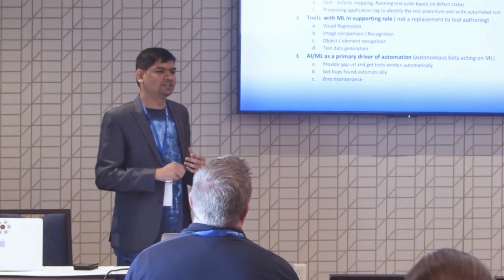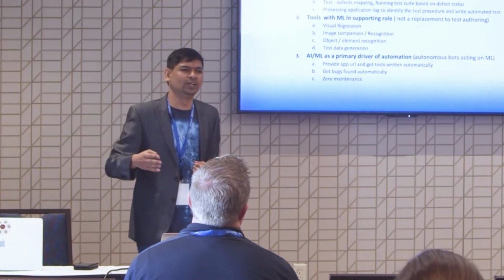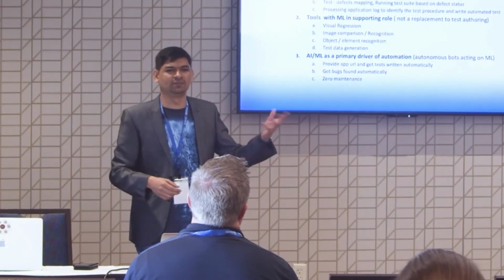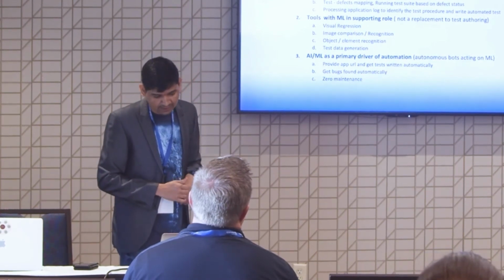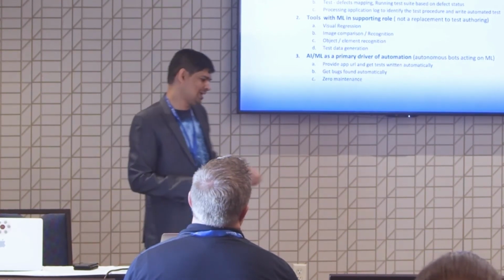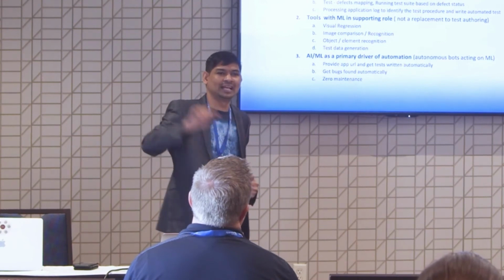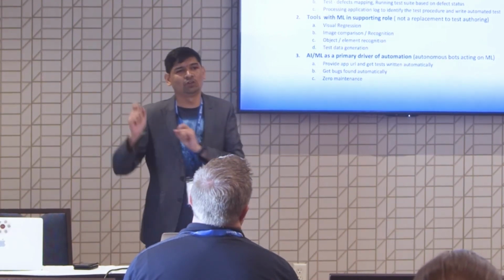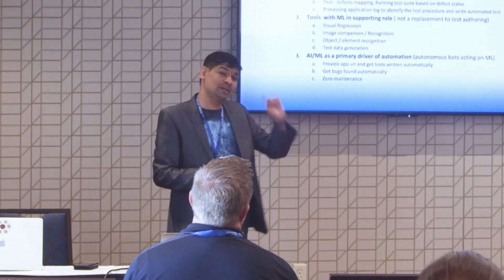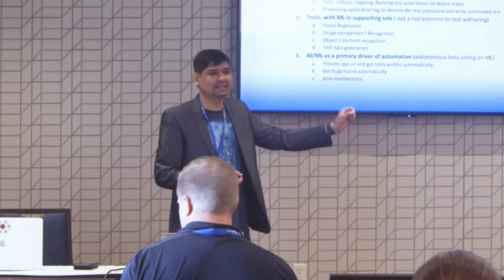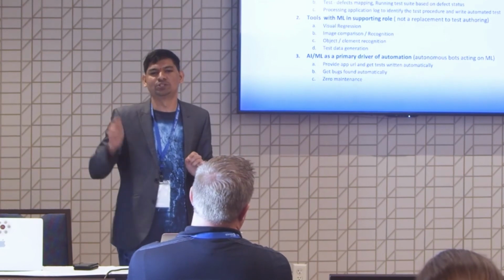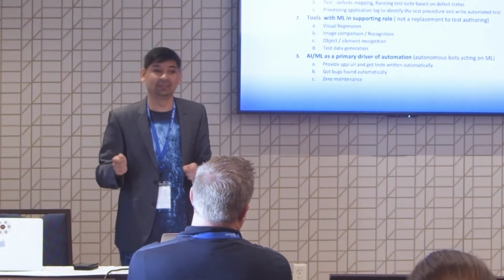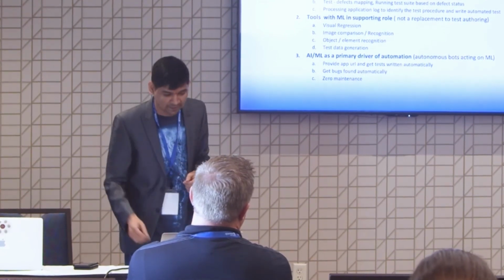A self-healing test is like using multiple locators and falling back to another locator if one is not found. Or the test defect mapping. As soon as a developer marks the defect as fixed, Jira should automatically trigger the respective associated failed test cases, run them, and that result should come back to Jira, and the developer should be able to see immediately whether it is really fixed or not.